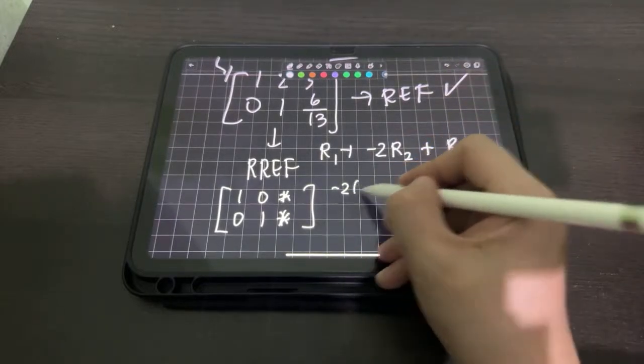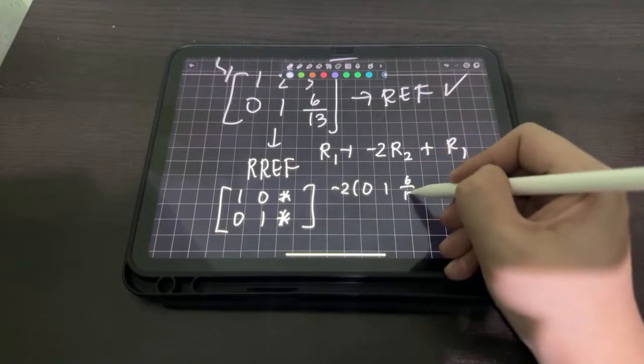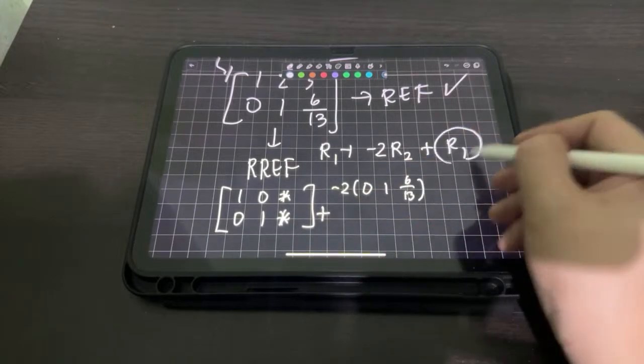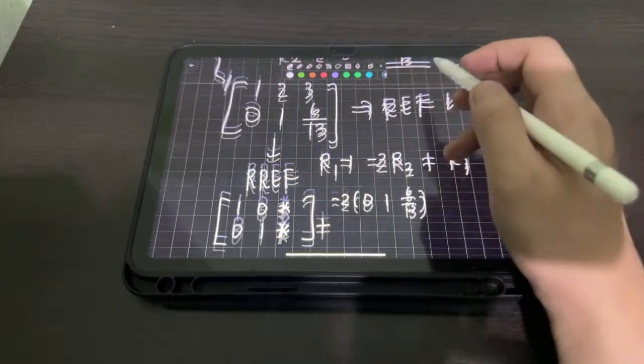So negative 2 times the entries in row 2, 0, 1, 6 over 13, plus the entries in row 1, 1, 2, 3.